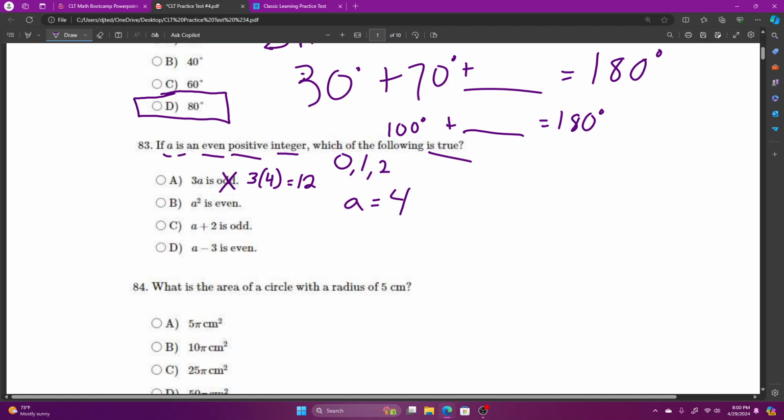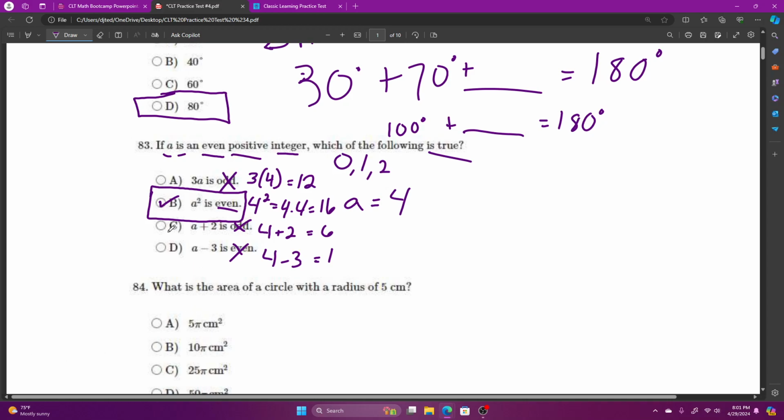A squared is even. 4 squared means 4 times 4, 16. That is even. Check. A plus 2 is odd. 4 plus 2 equals 6. Not odd. A minus 3 is even. 4 minus 3 equals 1. Not even. So B is the only example that works in this case.